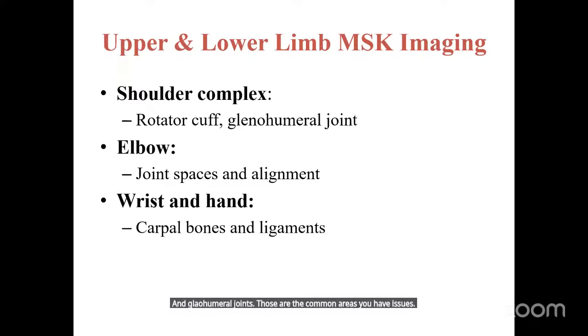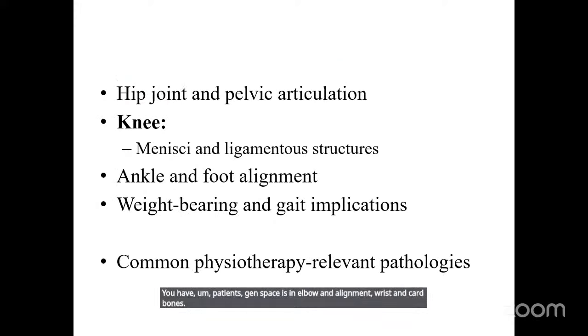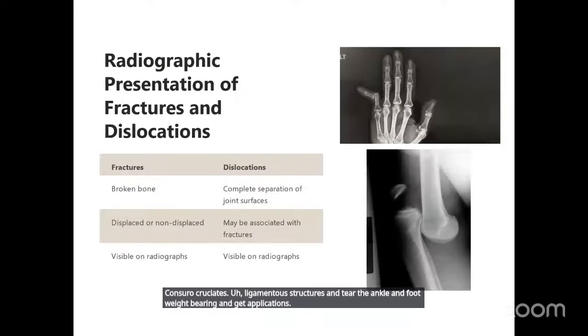For patients, joint space in the elbow and alignment, wrist and hand carpal bones, alignment. For the knee, the meniscus, isn't it? The ligaments. Collateral, anterior cruciate and the posterior cruciate ligamentous structures and tears. The ankle and foot, weight bearing and gait implications. Common physical pathologies. So what are they?